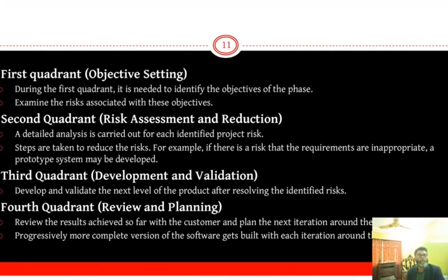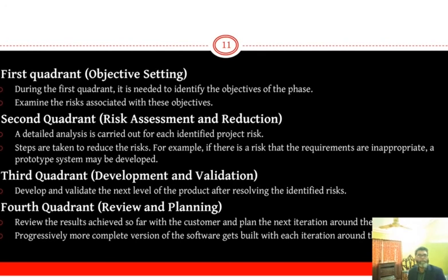The function of these 4 quadrants are: first quadrant is used for objective setting. Requirements are gathered from the customers and objectives are identified, elaborated and analyzed at the start of every phase. Then alternative solutions possible for the phase are proposed in the quadrant.